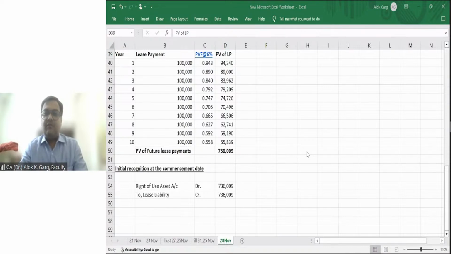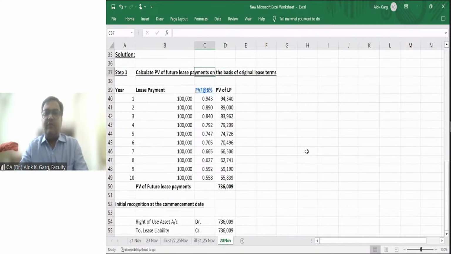Right. What is my step number 2? My step number 2 is prepare lease liability schedule on the basis of original lease term. Right. First of all, you have to do this accounting, na?